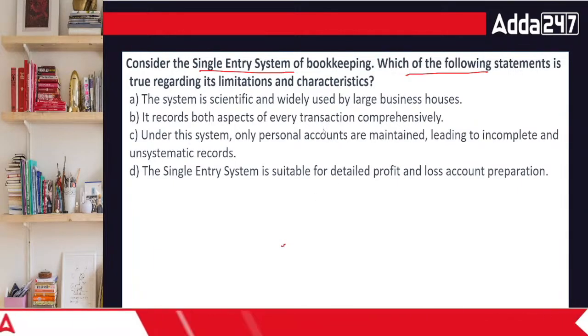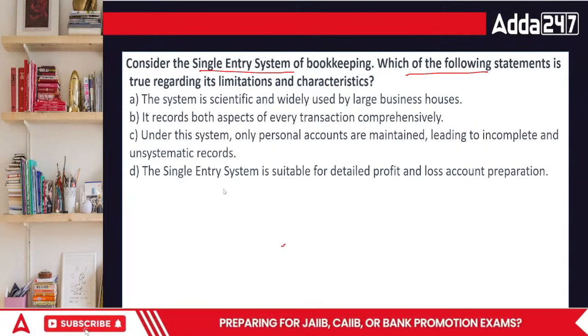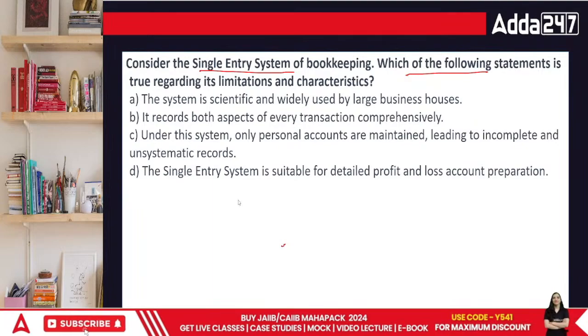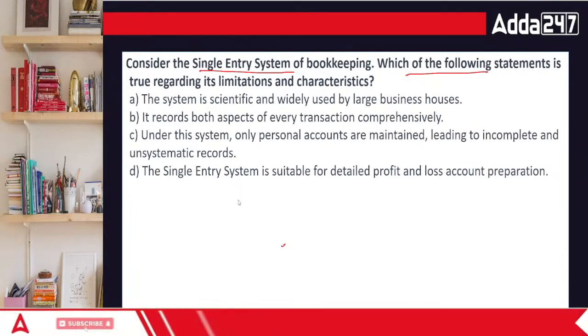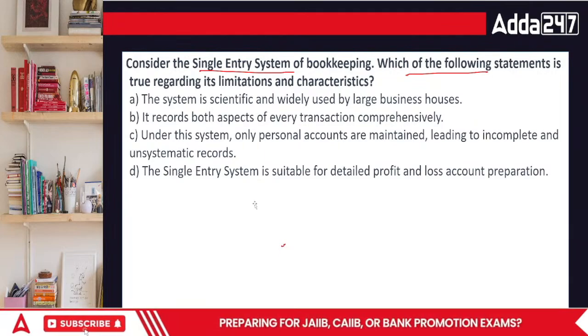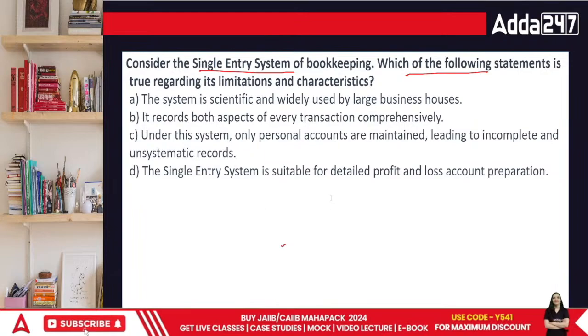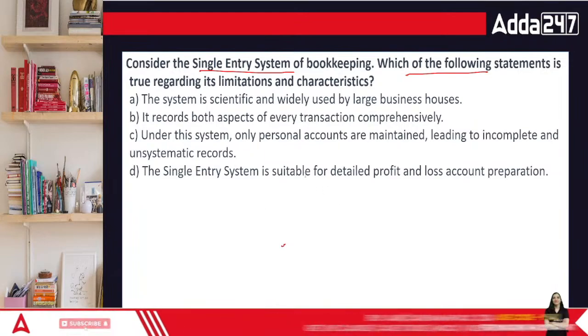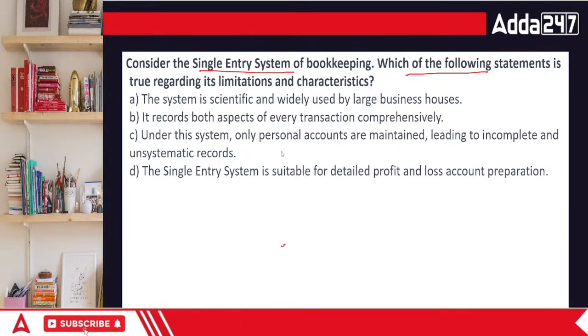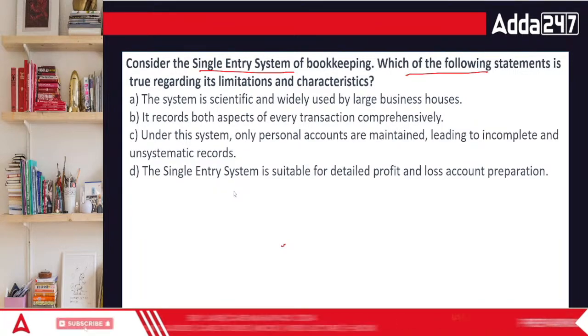It doesn't record the complete portion. That's why it's called accounting of incomplete records or single entry system of bookkeeping. So, in this case, what's the correct answer according to you?